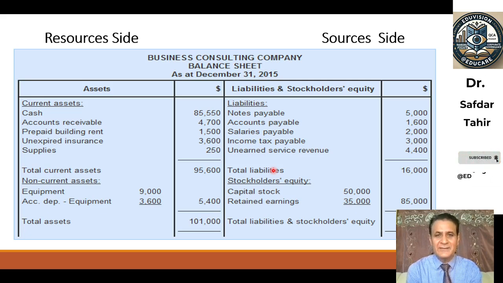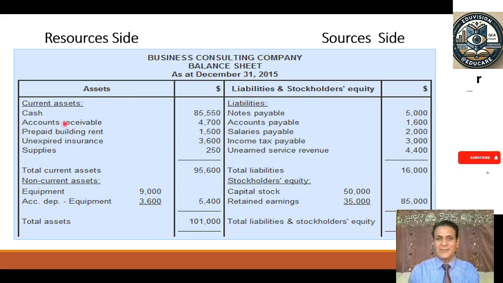So the balance sheet is an elaborative form of the accounting equation, that is assets, liabilities, and owner equity. But in a balance sheet, there are details of the assets. Some are current assets, others are non-current assets. These are the total assets.